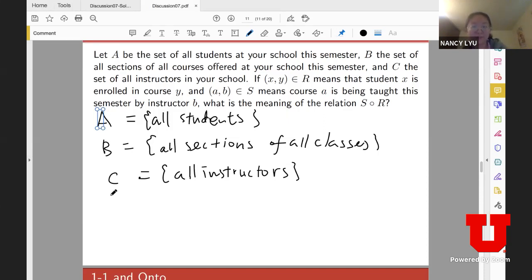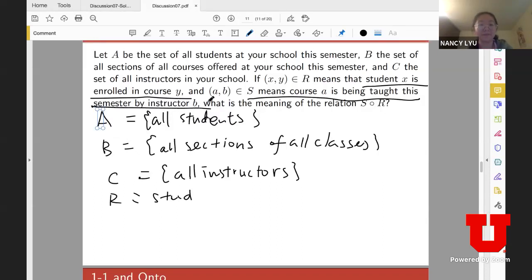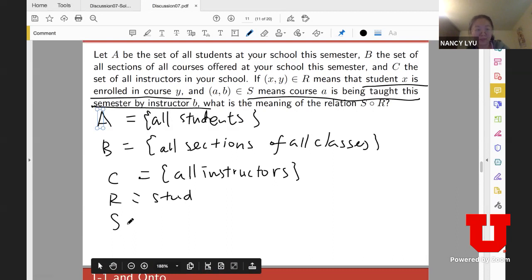So we have R with student X: student X is enrolled in course Y. And we have S: the course A is being taught this semester by instructor B. And what does S composition R mean?